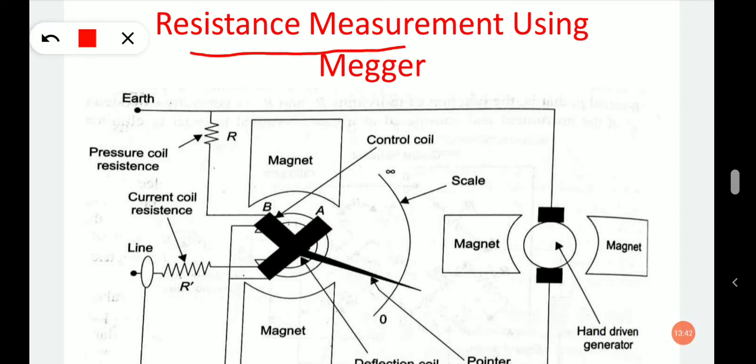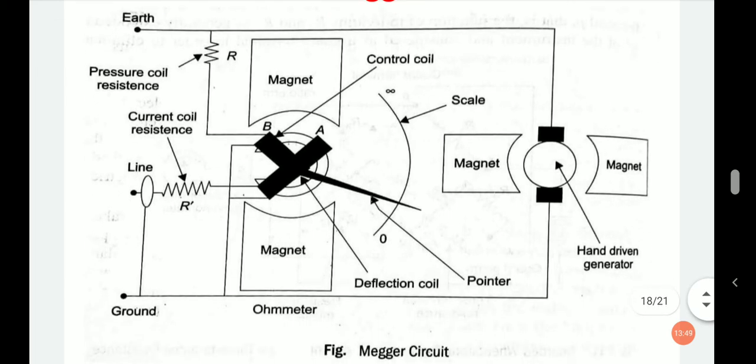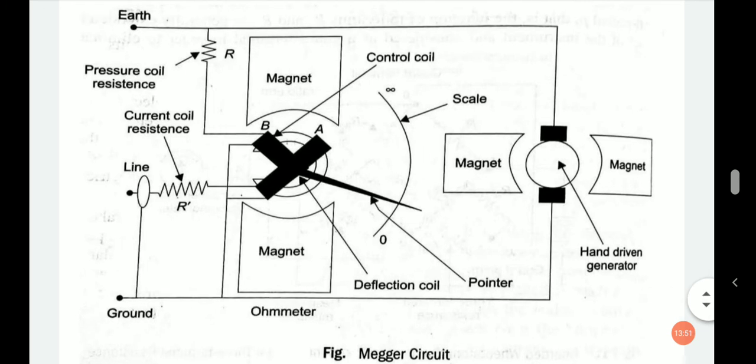Now we will see resistance measurement using Megger. Megger, or mega ohm meter, is an instrument that is used to measure extremely high resistances such as insulation resistance of cable, of the order of mega ohms.